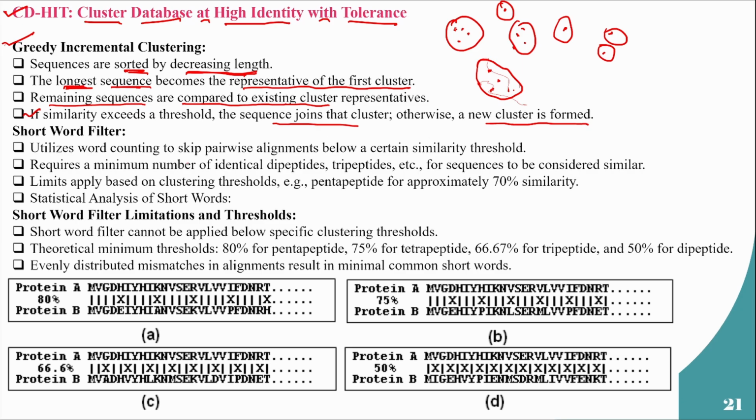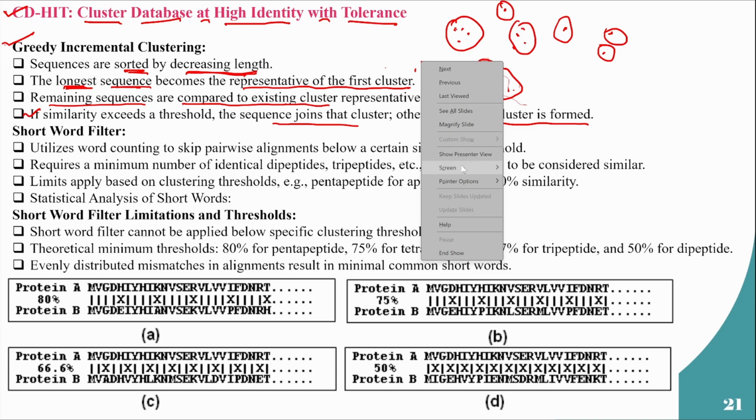Now, of course, here what I mentioned is that you have to compare two sequences basically, right? To find out whether they have high similarity or not. So the thing that you need to do is some sort of alignment, right? Or somehow you have to find out the similarity between these clusters or between two sequences, right?